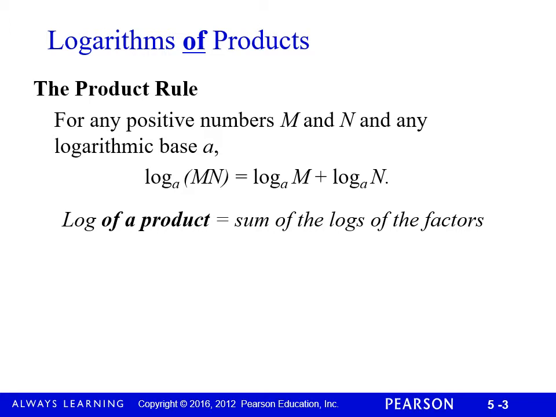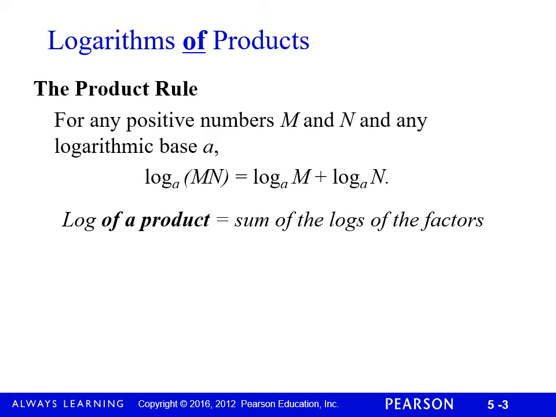A key thing to remember about all of these rules is that they are the rules of the logarithm of the rule. So for example, the product rule is for logarithms of products, okay? The product rule states that for any positive numbers m and n, and any logarithmic base a, the log base a of m times n equals log base a of m plus the log base a of n.